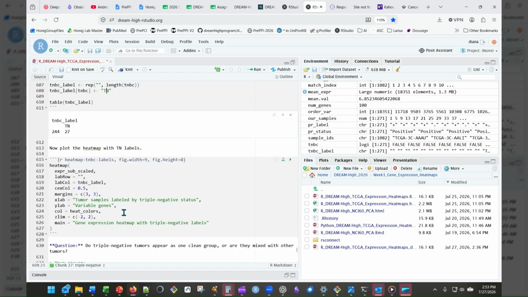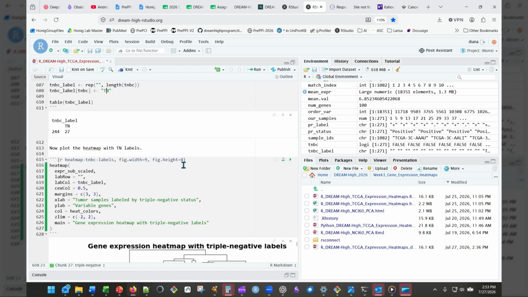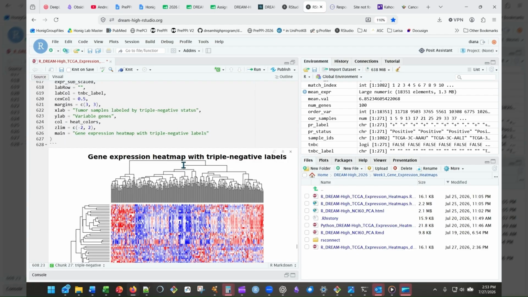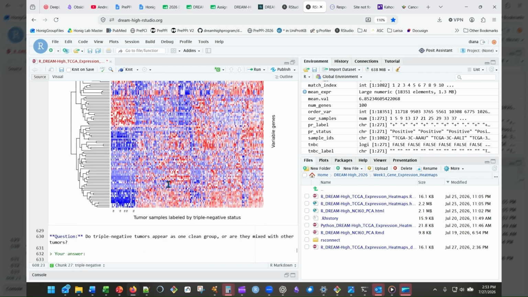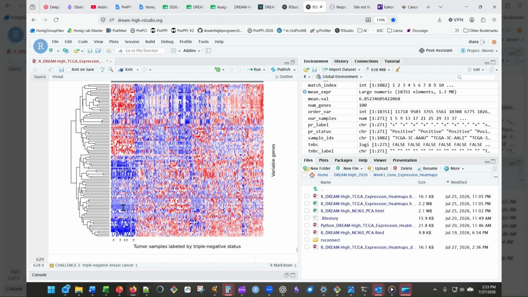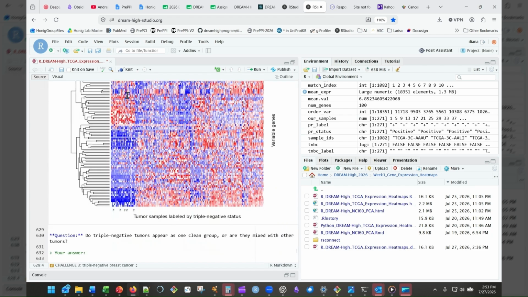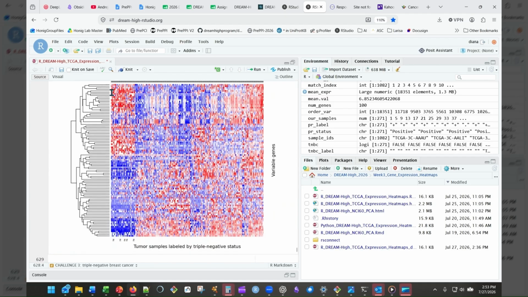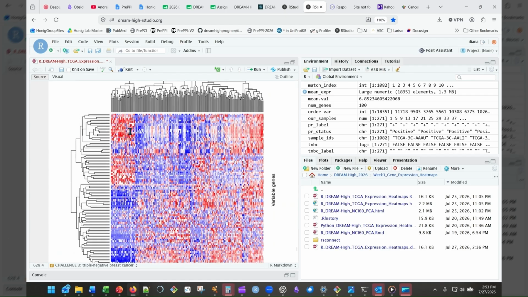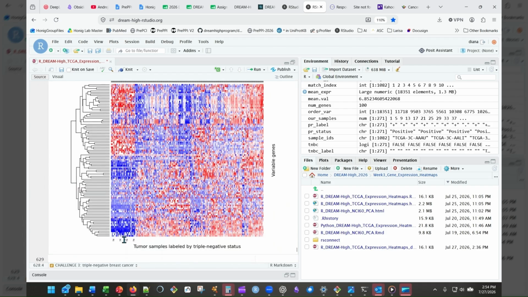So we're finally going to do one more heat map, and we're going to annotate it with the triple negative breast cancer samples. And it's really amazing that the only ones that show up are associated with this first pattern, where we see a lot of overexpressed genes and a lot of underexpressed genes. And those patients are associated with triple negative breast cancer.